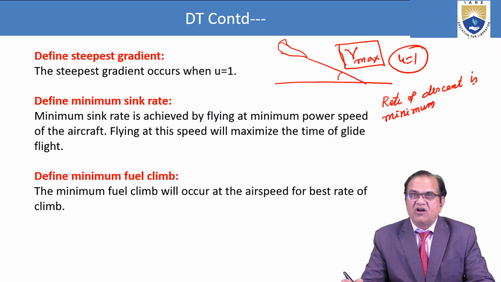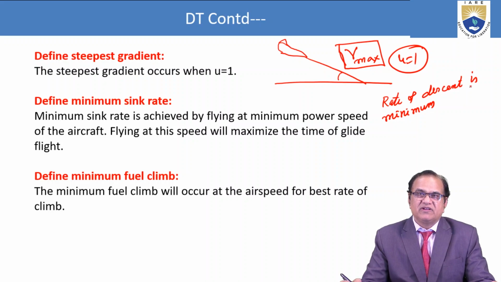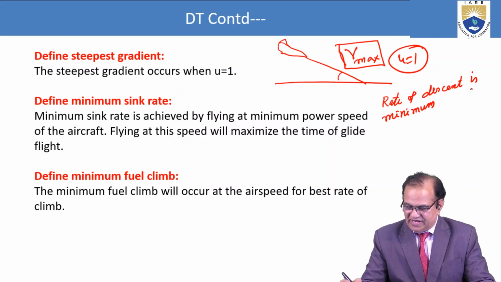That is called the minimum descent rate.